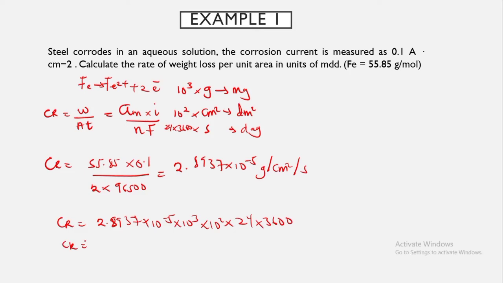And what I'm going to get is 250,022.7979 MDD. Very simple as that. Let's take note. It's very simple.